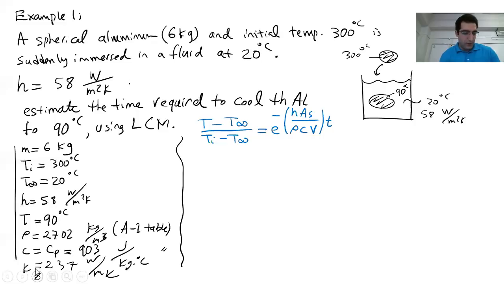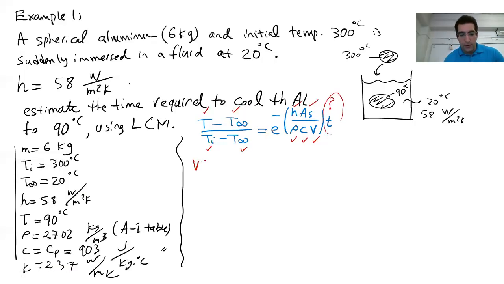So in this problem, we know the final temperature 90, T infinity 20 degrees C, the initial temperature, h, rho and C. A_s and volume we can find. We're looking for how long it will take to go to 90 degrees C. So we're looking for time.